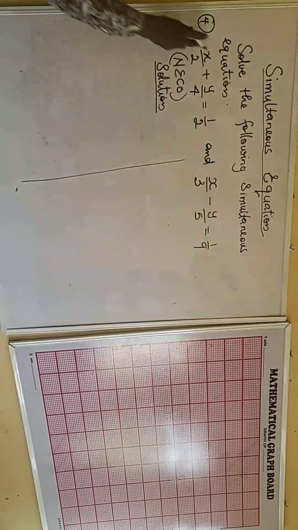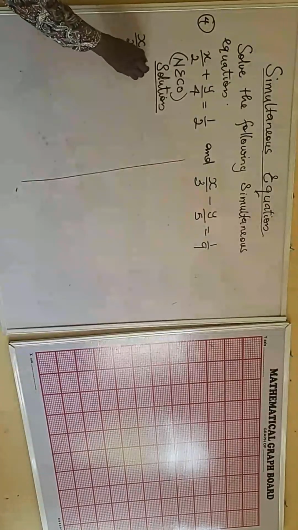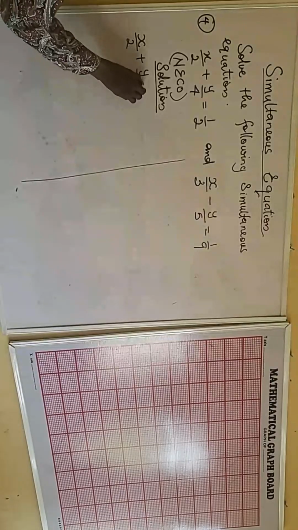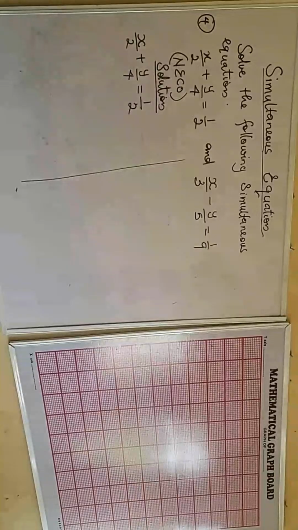Here is x over 2 plus y over 4 is equal to 1 over 2. Now, what we do is to find the LCM of the denominators.